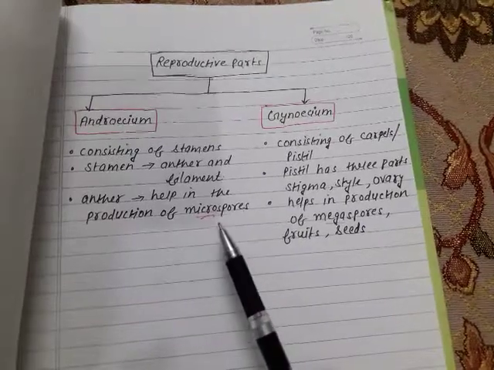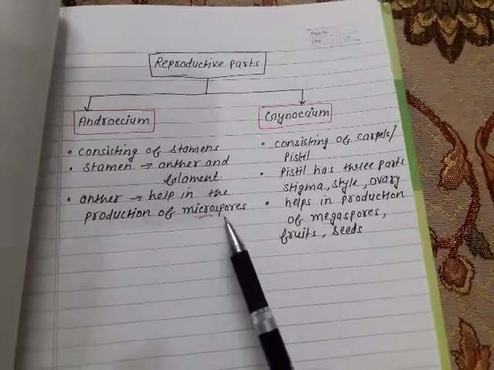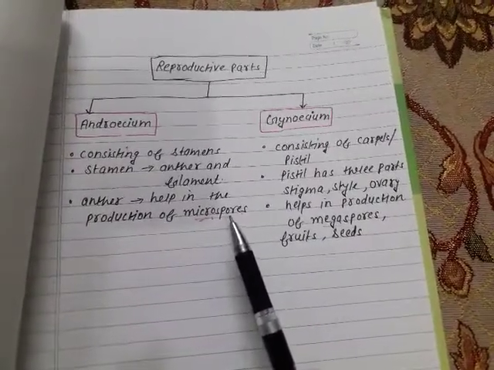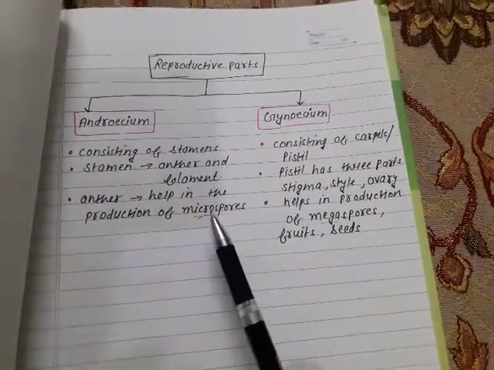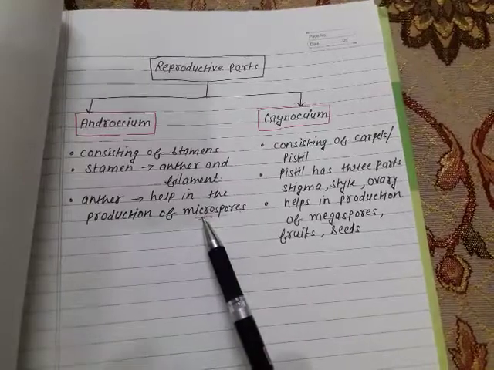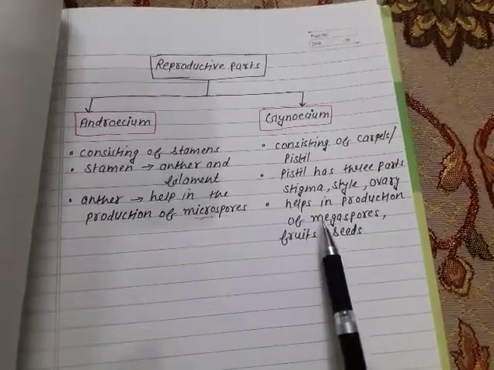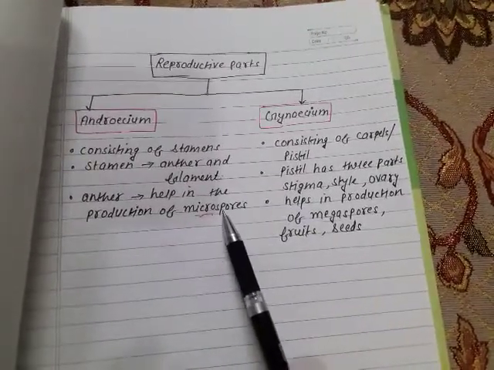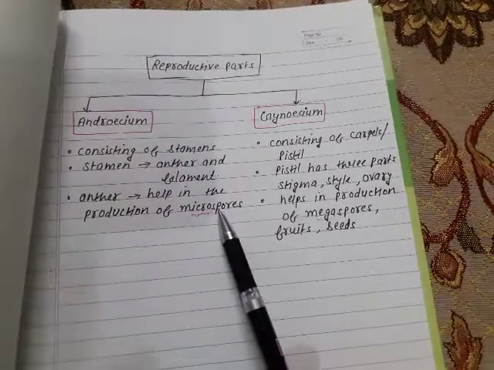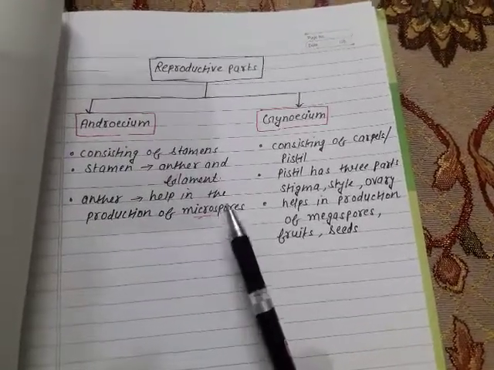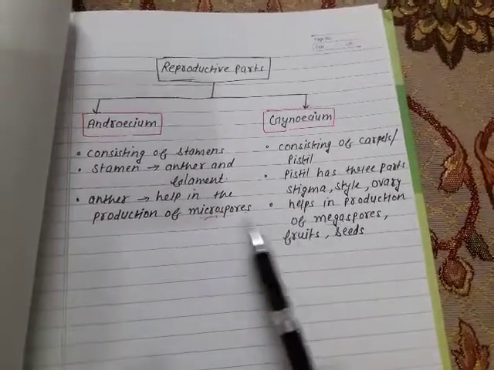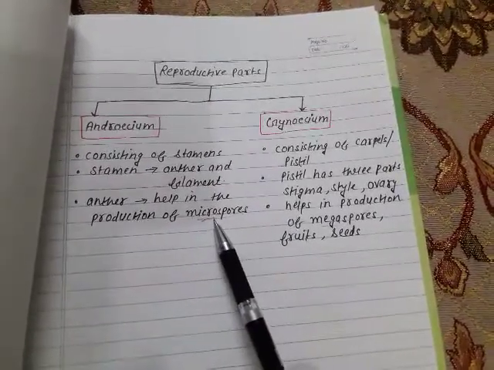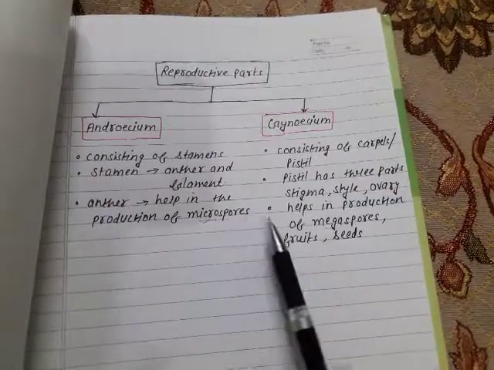As I told you, if we talk about sexual reproduction, there are three phases: pre-fertilization, fertilization and post-fertilization. The formation of microspores and the formation of megaspores are both included in pre-fertilization events, called microsporogenesis and megasporogenesis. Microsporogenesis means formation of microspores in the male.